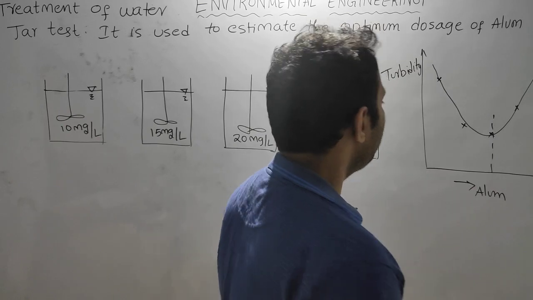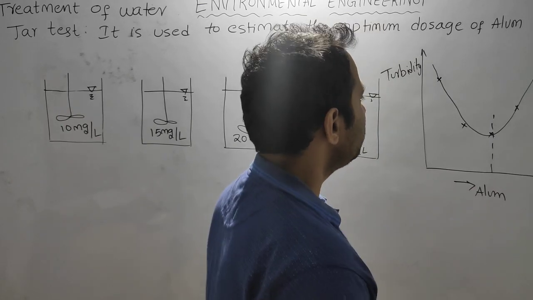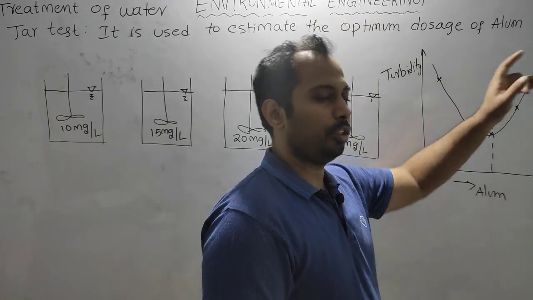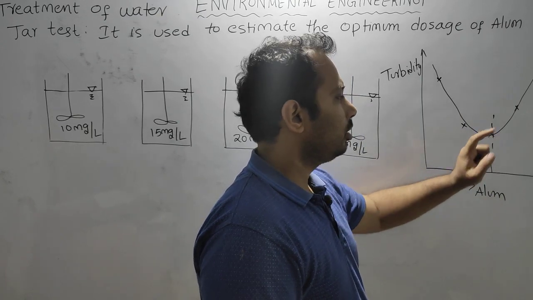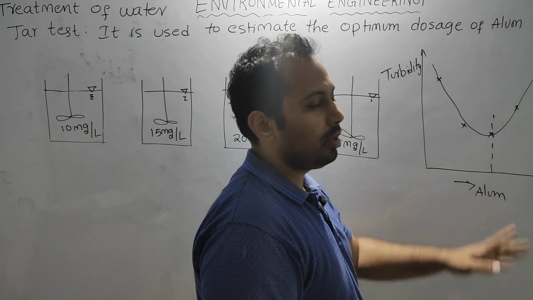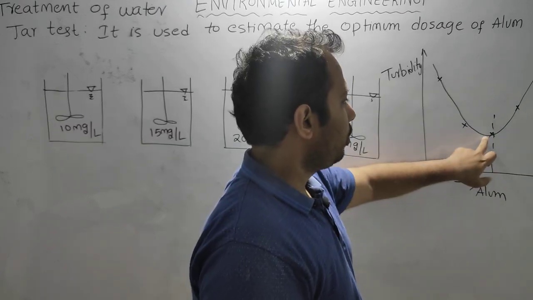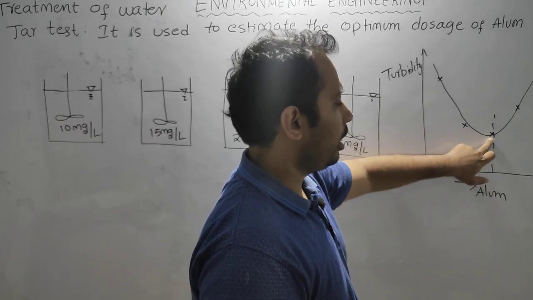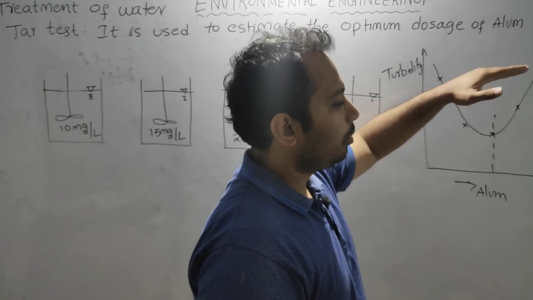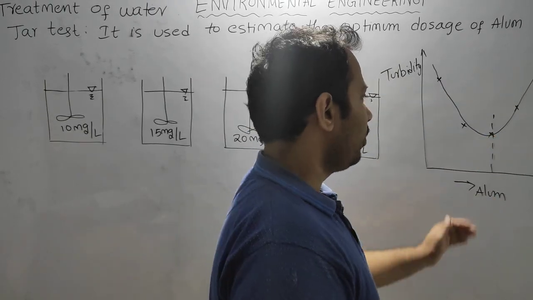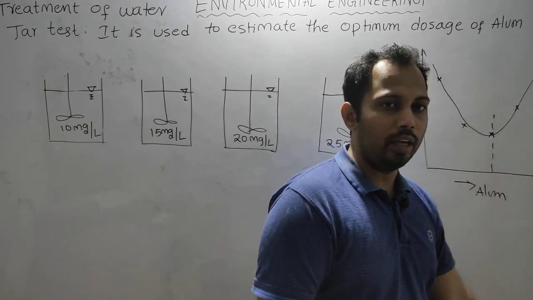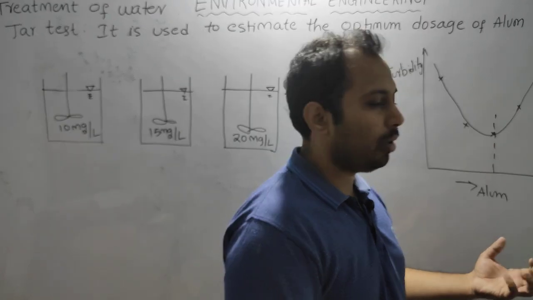The turbidity again increases, because beyond this point alum is not required. Up to this point, alum is required. Here at this point, all the turbidity has settled by this dosage of alum. Further, whatever alum you add will become turbidity again.